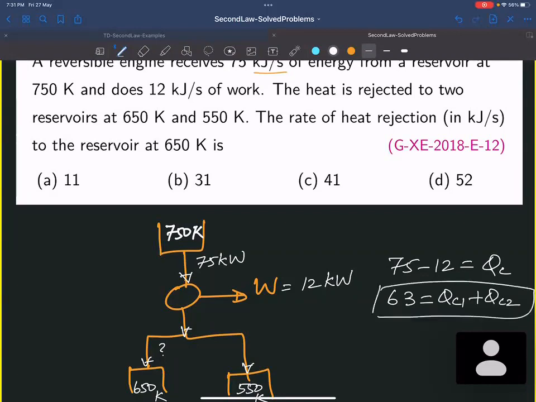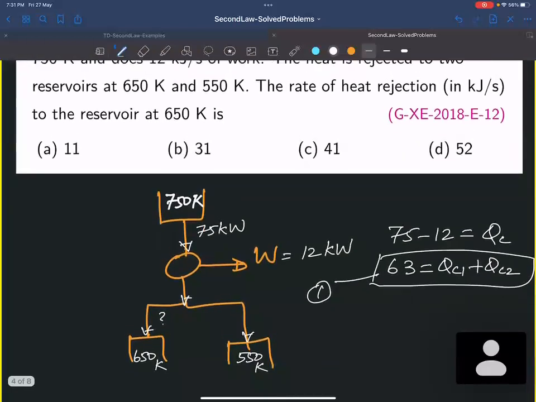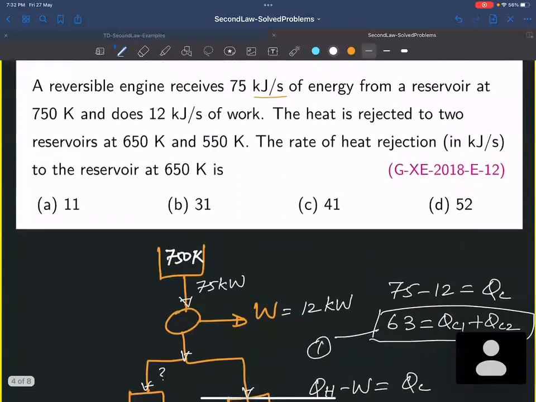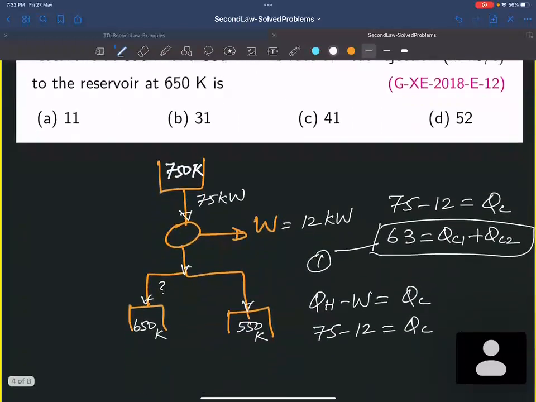So this is one equation we have. Correct? This is fine, no? Simply by energy balance. So what is energy balance? QH minus W is equal to QC. QH is 75 and W is 12, and that is equal to QC. QC is split between QC1 and QC2. So equation 1 is available, and we need to know what QC1 is.